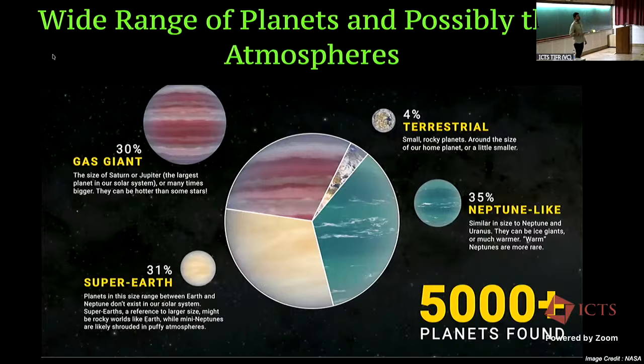If we look at our solar system itself, we have Earth with a nitrogen-dominated atmosphere, Mars with a carbon dioxide-dominated atmosphere, Venus again with a CO2-dominated atmosphere but very high pressure and sulfuric acid clouds, and Titan, Jupiter, Saturn, Neptune, each with a different type of atmosphere. There are different gases. So just with these 8 planets, we can see that so much variety exists in the type of atmospheres planets can have.